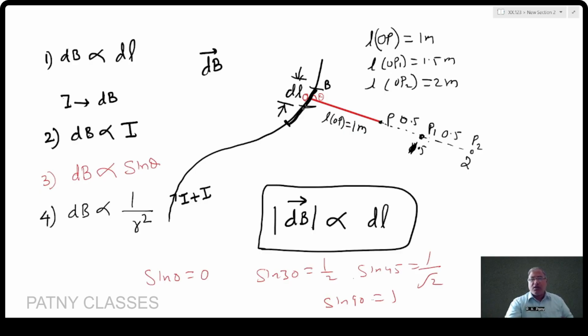Now let us summarize all the 4 points. So we had first dB directly proportional to I, and dB directly proportional to dl, and dB directly proportional to sin theta, and dB inversely proportional to the square of distance, that is length OP.